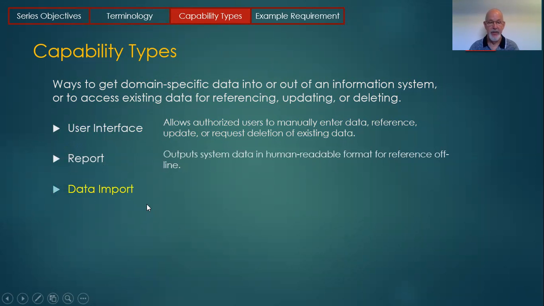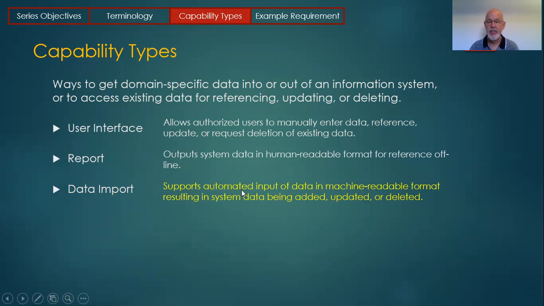Data import is our third capability type. Data import supports automated input rather than manual input of data. This comes in machine readable format, resulting in system data. Okay, so it's coming into the system. It's going to become system data, can be adding data. The import can be bringing updates to us. An import can be telling us about data that needs to be deleted. So the main difference between a data import and a user interface is that this is machine readable and automated rather than manual.